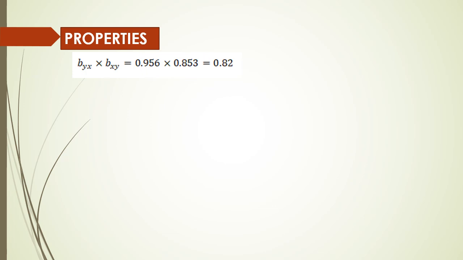Note that byx into bxy equal to 0.956 into 0.853, which is equal to 0.82. So it is the value of R square as we have calculated earlier. Therefore, the product of the regression coefficients is the coefficient of determination. And from here, we can find out the correlation coefficient, which is plus or minus square root of byx into bxy.